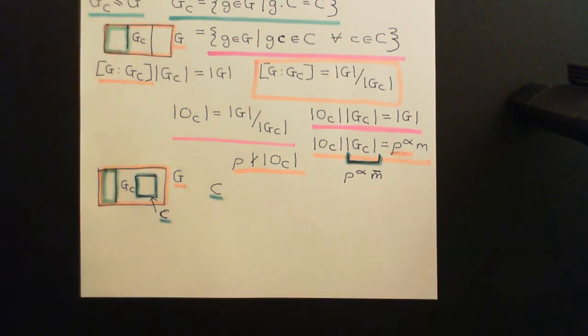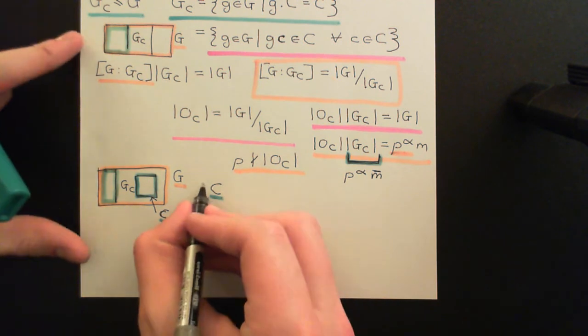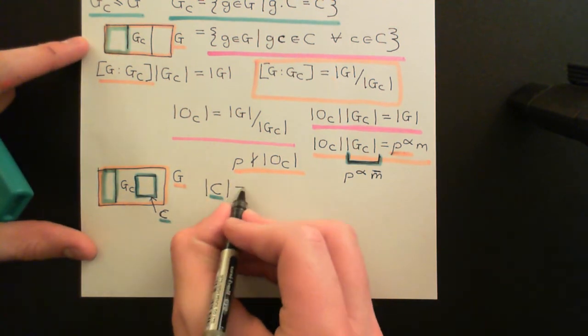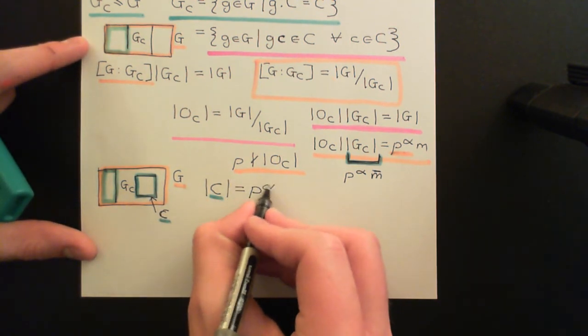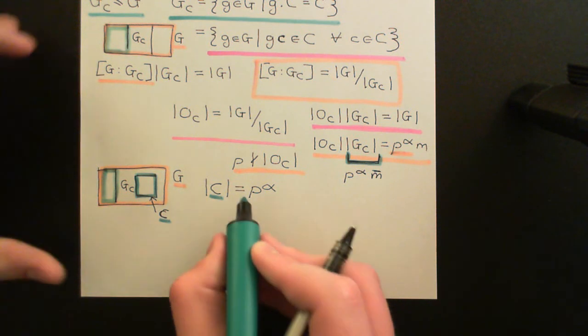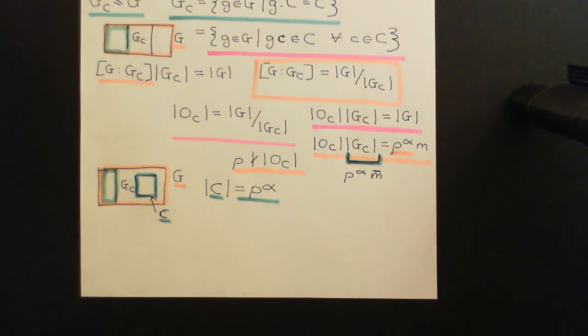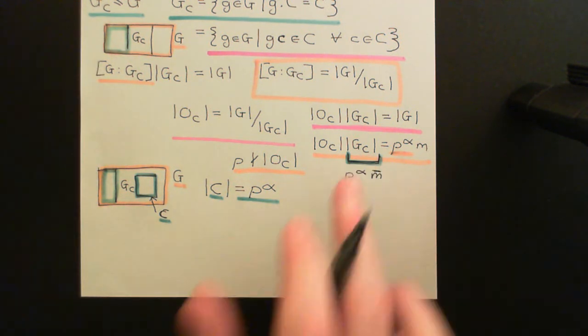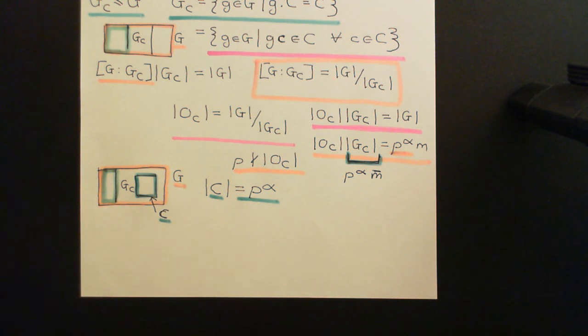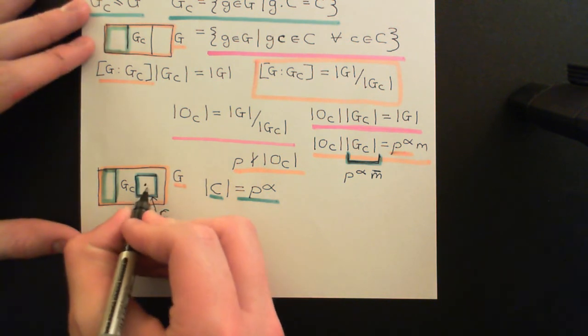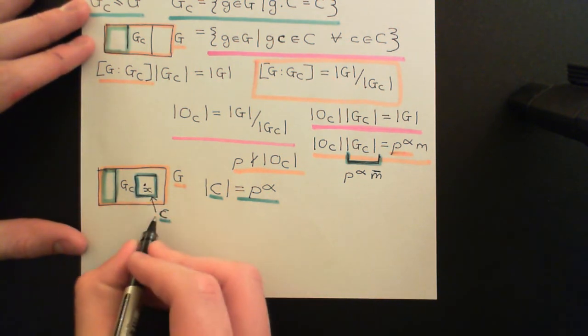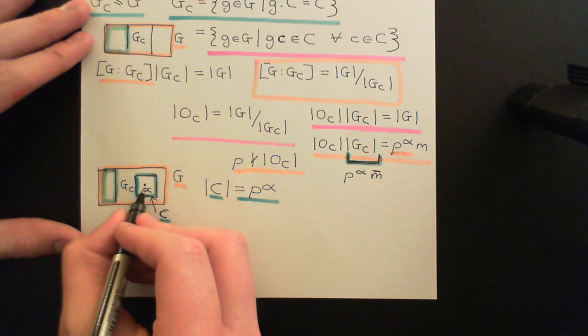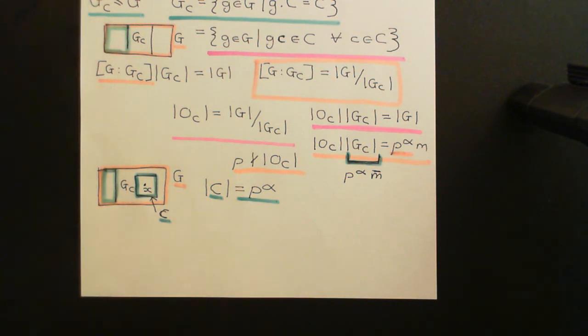The special thing about it was that it was an element of curly C, so its order was p to the power of alpha. Now this is how I'm going to prove the final thing I need to prove. I'm going to take some arbitrary element of this subset capital C, some arbitrary little x.